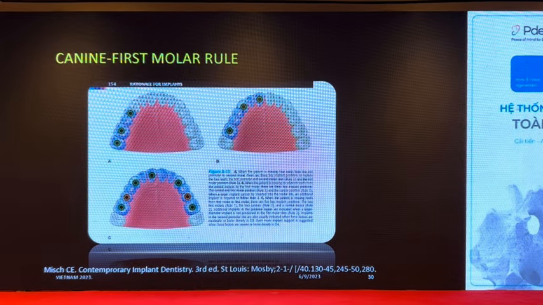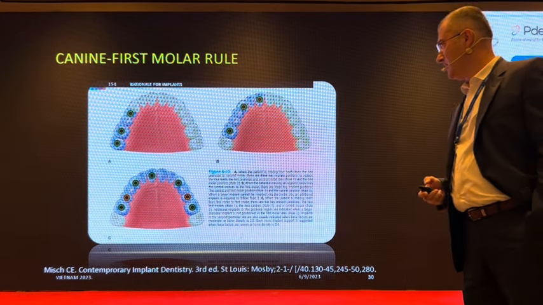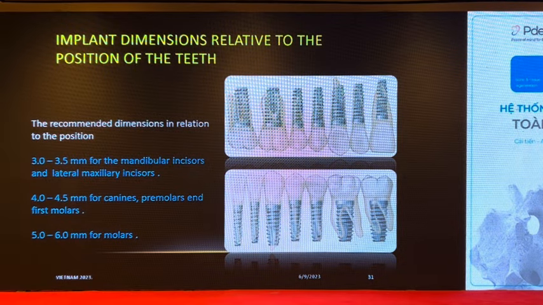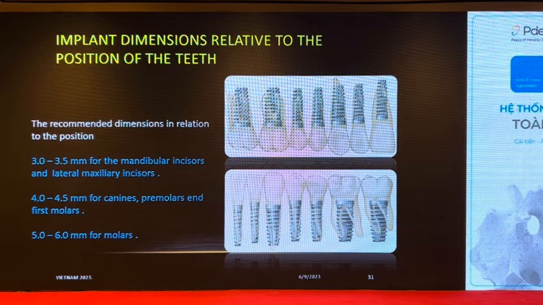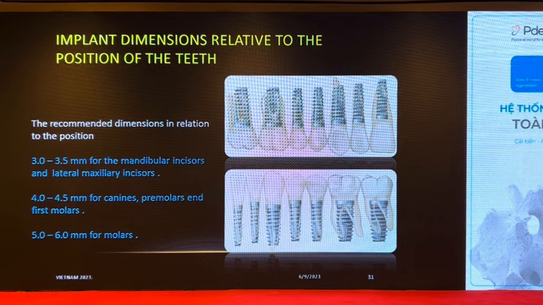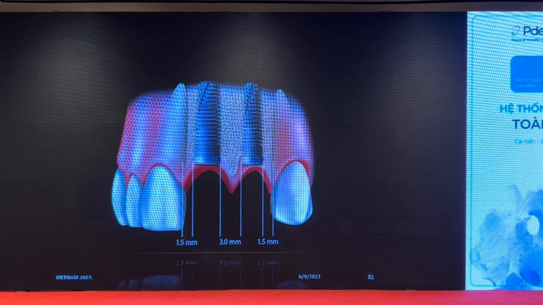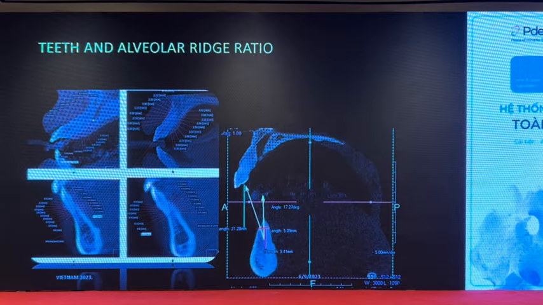For the lateral part, we have this Cunningham first molar rule, which was introduced by Misch, and plus we have other rules regarding the type of implant, length of implant, and which type of implant we are using in which region. Their position is also very important.